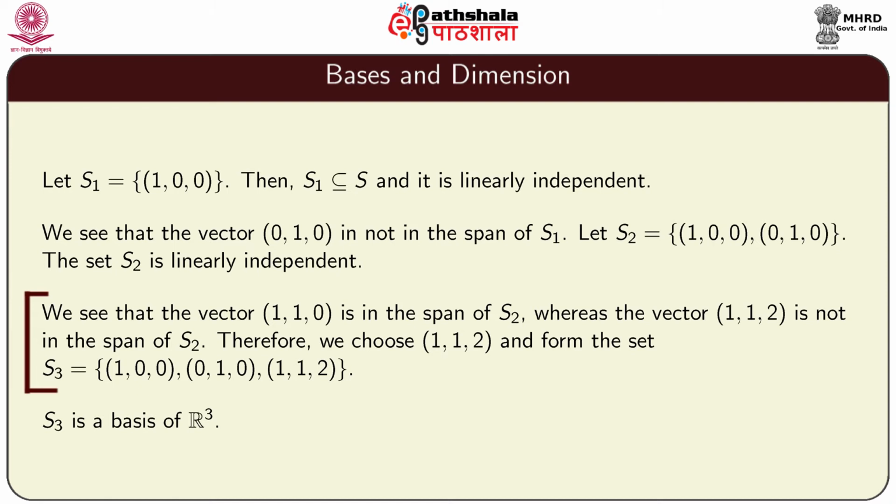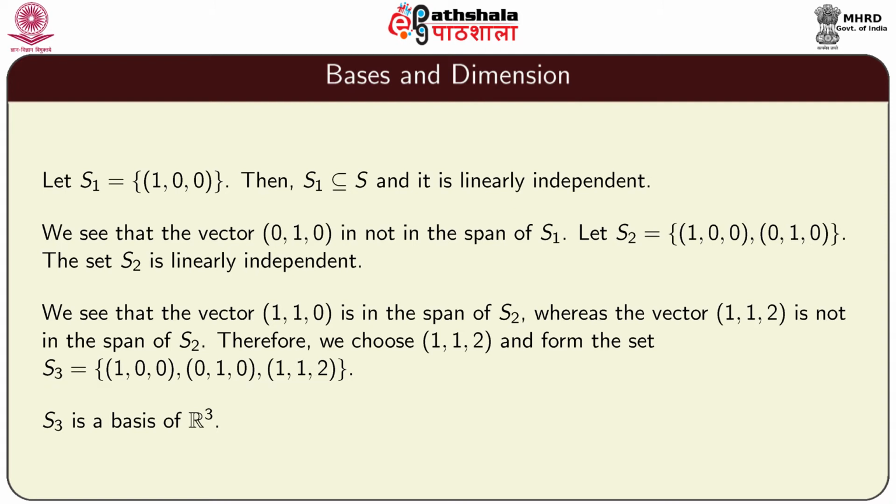Therefore, the set S is not contained in the span of S2, and that is because of this very vector (1,1,2). So, we can pick up the vector (1,1,2) and take it in our list and form the set S3, which is (1,0,0), (0,1,0) and (1,1,2).